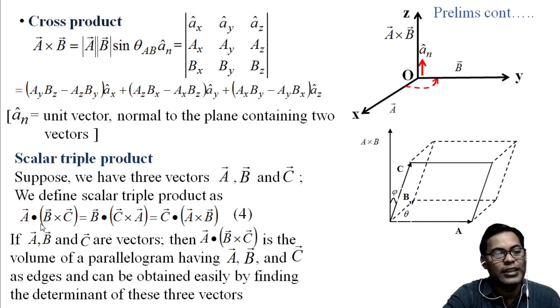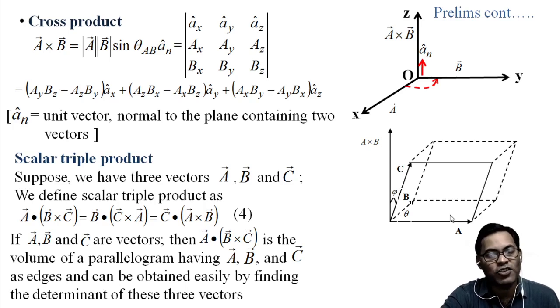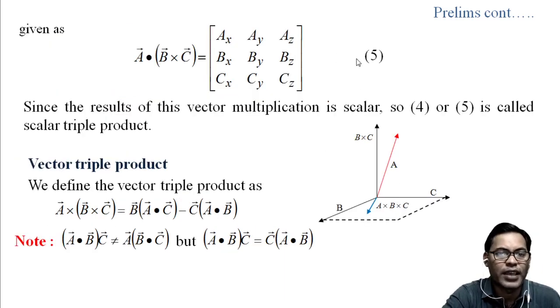That is why it is the scalar triple product. Similarly, we get the same result if we calculate b dot c cross a, or c dot a cross b. So if a, b and c are vectors, then a dot b cross c is the volume of a parallelepiped having a, b and c as the edges, and it can be obtained easily by finding the determinant of these three vectors, given by expression 5.